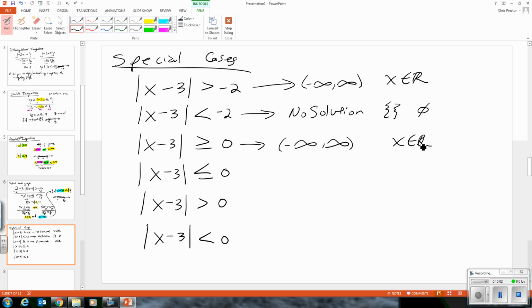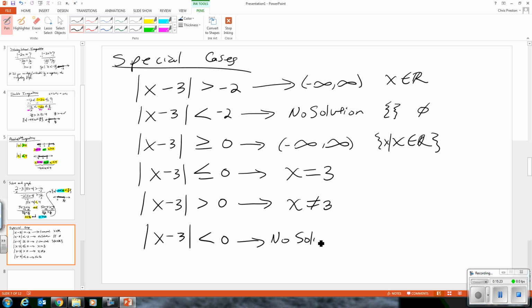You can use this notation: x such that x is an element of the real numbers. This one, x equals the number 3. That's it. That's the answer. This one, x does not equal the number 3. And then this one is, again, no solution, or if you prefer, you can use one of those other ways of doing it, the empty set or the null set.